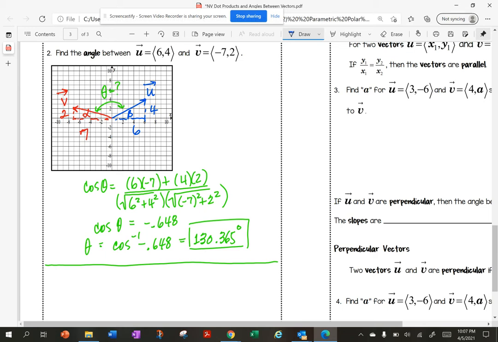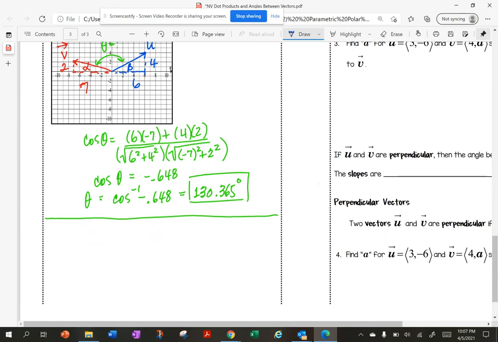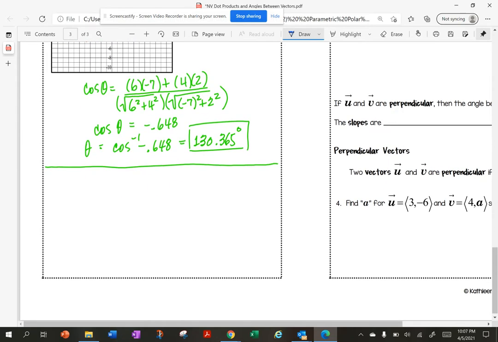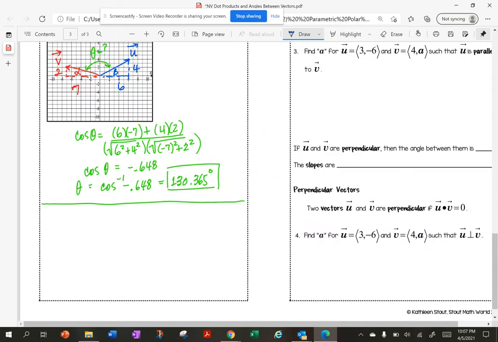So if I add alpha, beta, and theta, they total 180. So if I find alpha and beta, I can subtract them from 180 to end up with theta.